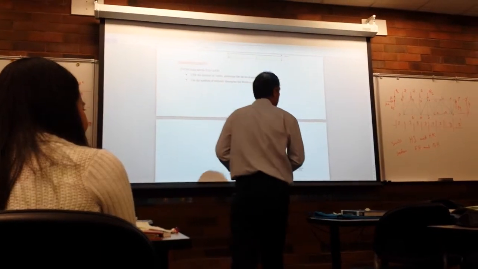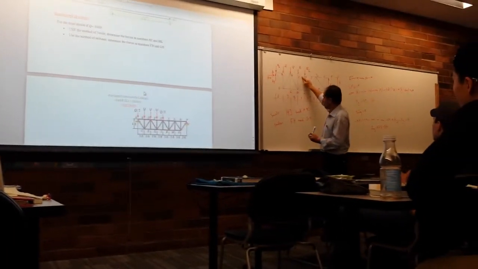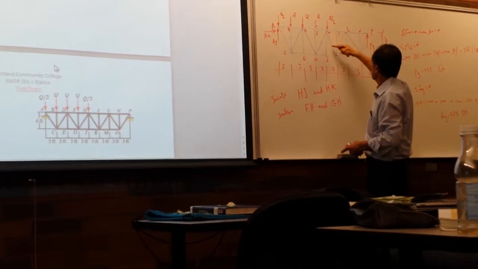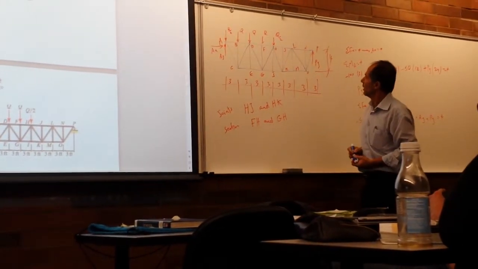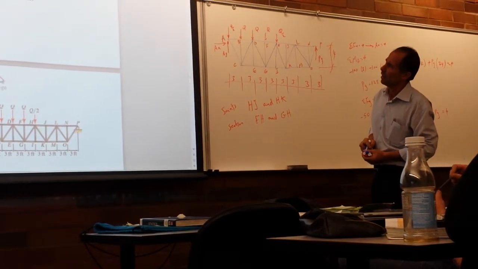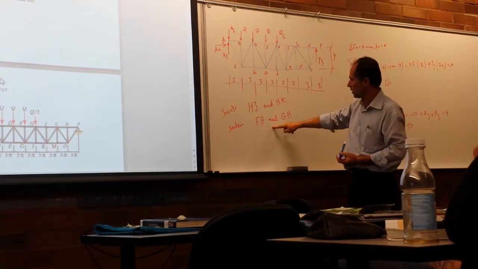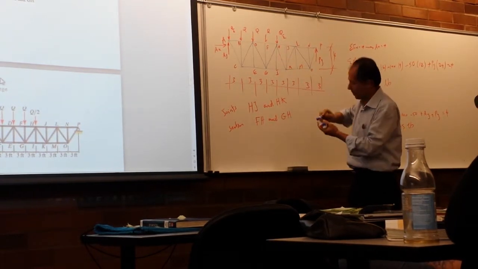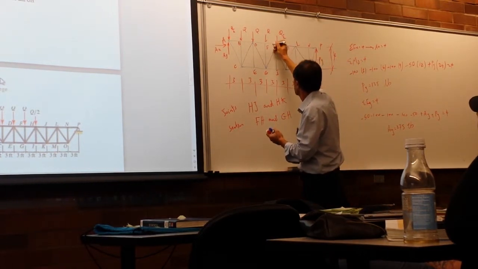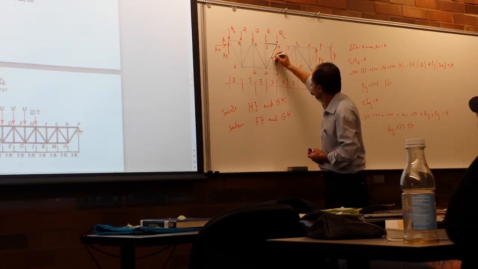The method of sections is asking me for FH, which is this one here, and HK, and GH. FH is this one here, correct? And GH is this one here.